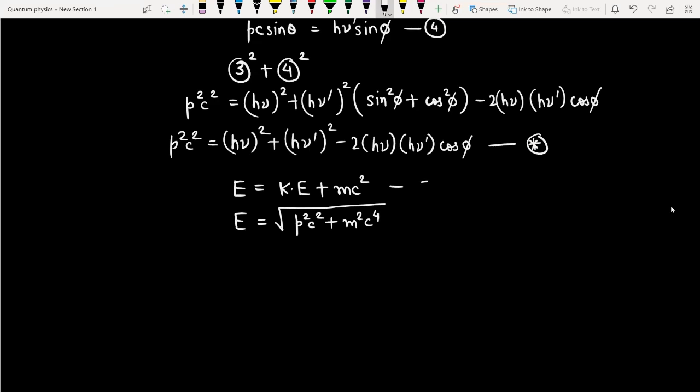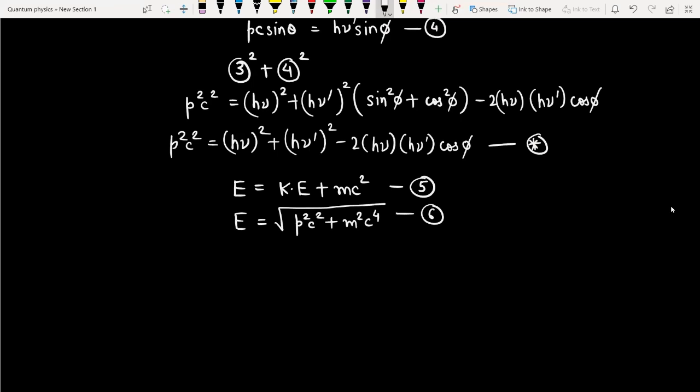So we call this equation number 5 and we call this equation number 6. I hope you understand the logic of equation number 5, that E is the total energy, and that total energy can be written as the sum of the kinetic energy plus its rest mass energy.